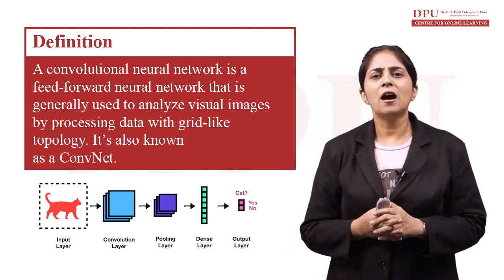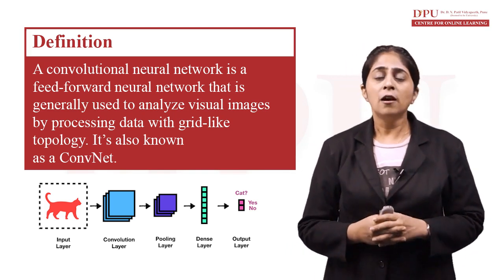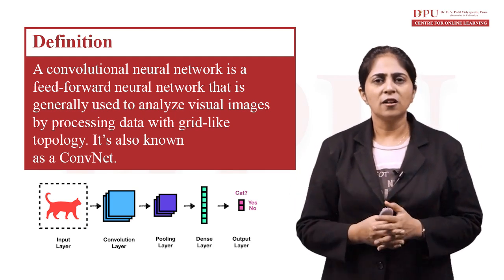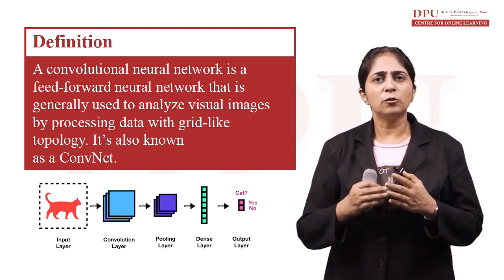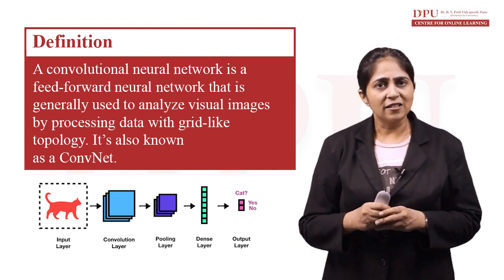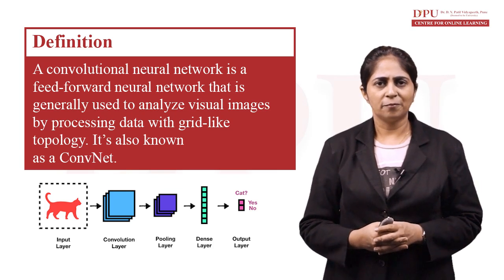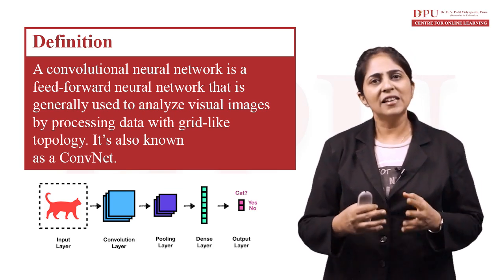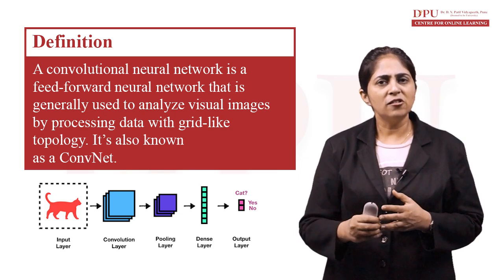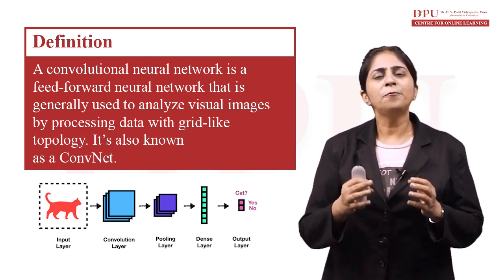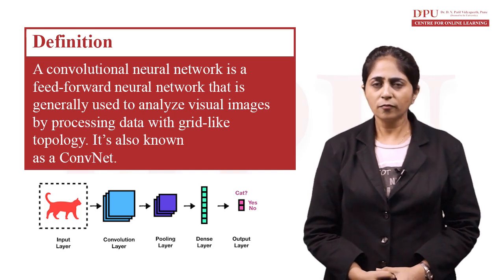Whenever we see any kind of image, we can have different objects in it. So, our convolutional neural network detects and classifies the various objects in the image. In CNN, every image is represented in the form of an array of pixel values.